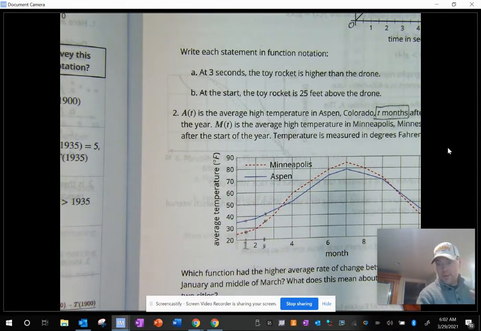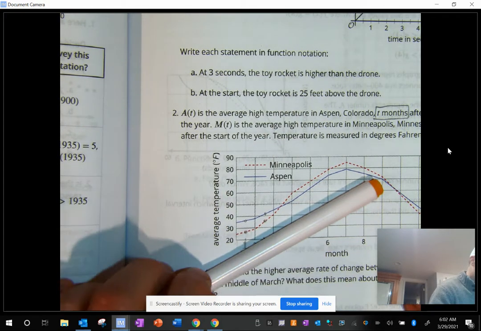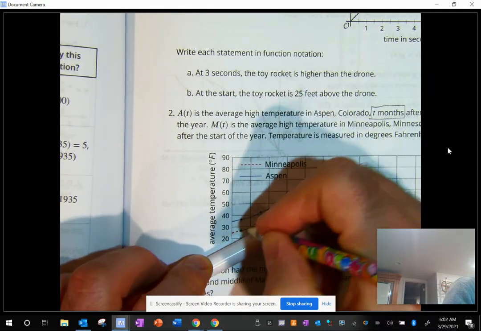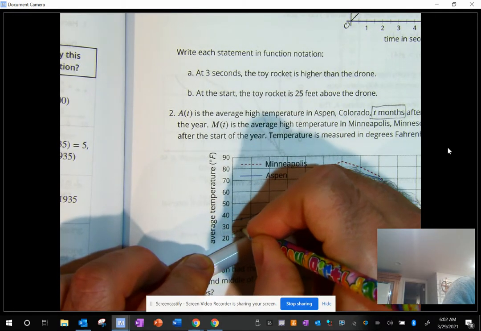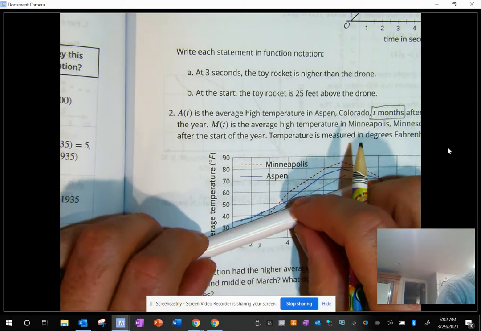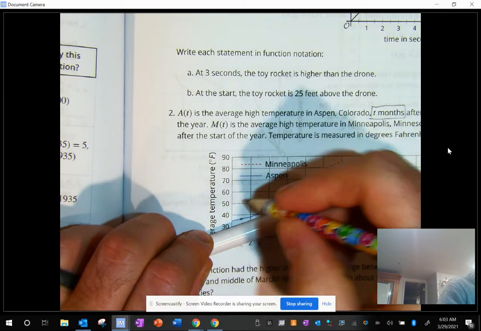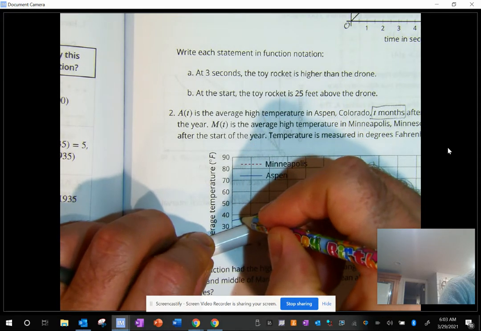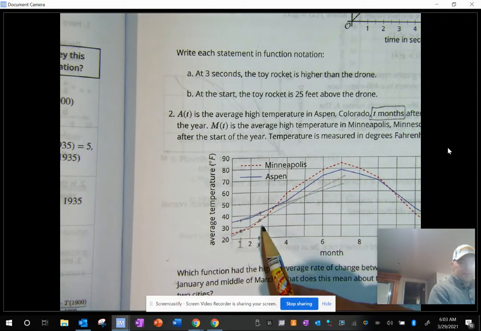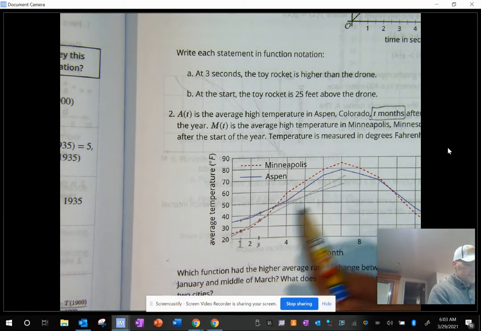I just use a pen or pencil or marker, or if you have a ruler, that's great. And just go ahead and connect those two dots and make a line that keeps going. Okay, we'll do the same thing with the blue one. So you can clearly see that this one is going up faster.